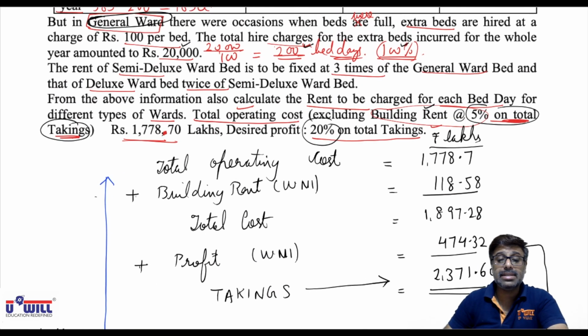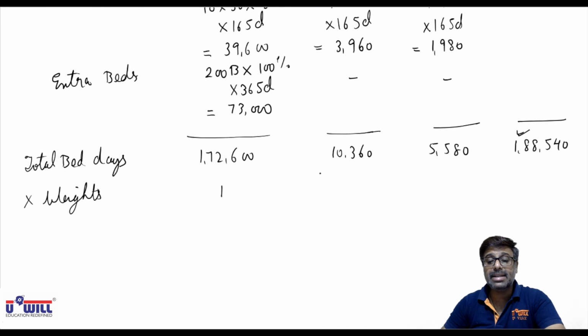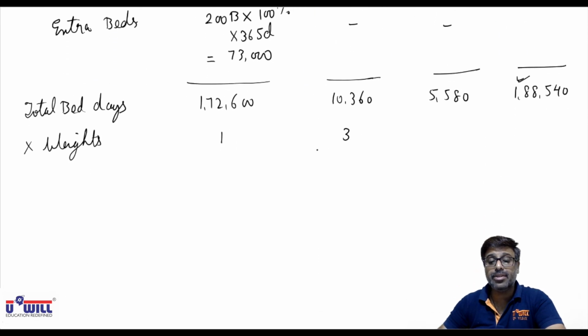Now second thing asked is the rent to be charged for each bed day. Here they say that rent of semi-deluxe ward is to be fixed at 3 times of general ward. So what is the weight we have to assign? Suppose you assume the general ward's weight is 1. Now semi-deluxe is 3 times of that, so that will be 3.